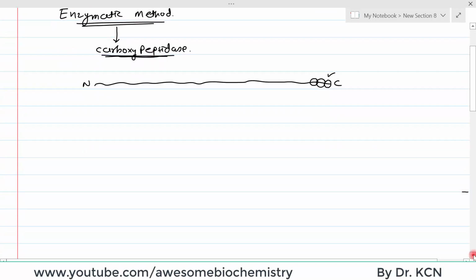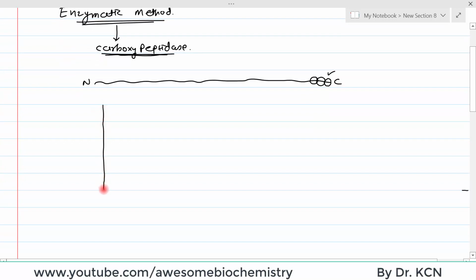So, suppose we draw a graph in which on the y-axis we take time, and on the x-axis we take the concentration of free amino acid in the reaction mixture.